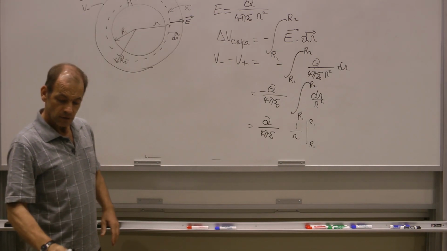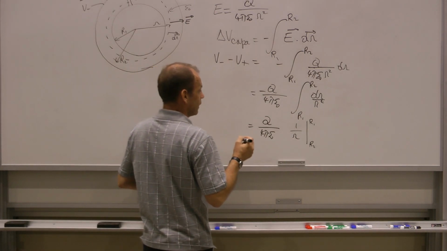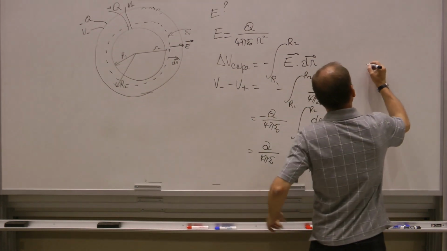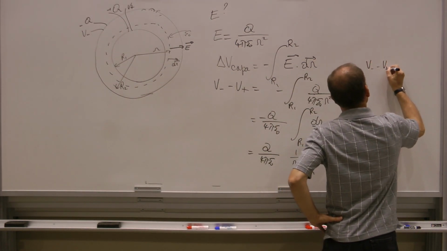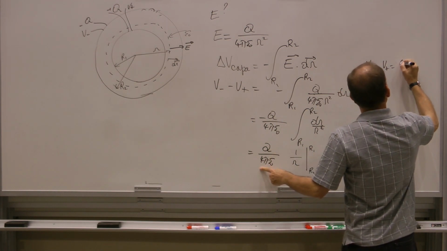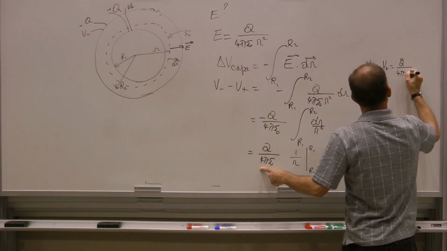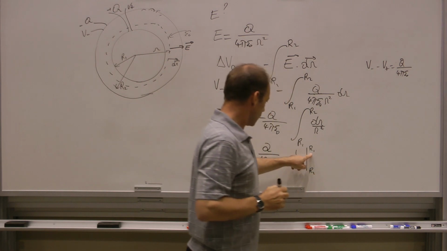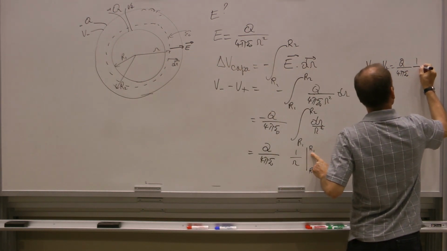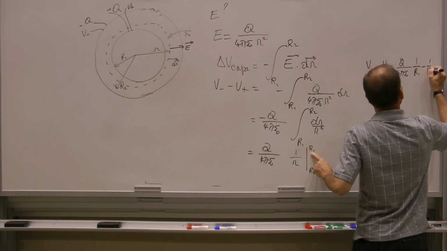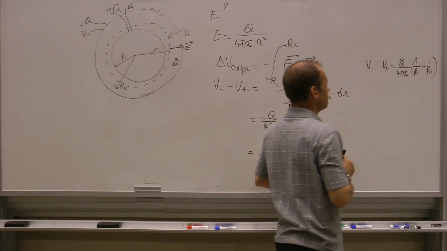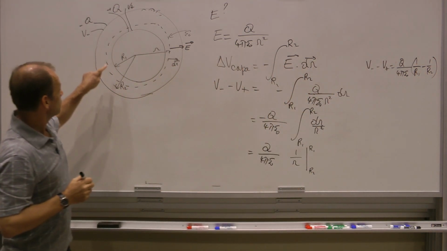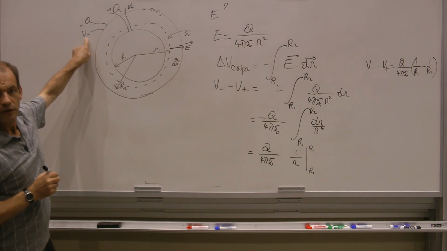So that gives us delta V, or V minus minus V plus, is equal to Q over 4 pi epsilon 0, integrating 1 over R1 minus 1 over R2. And we're going to make the assumption that V minus is equal to 0.